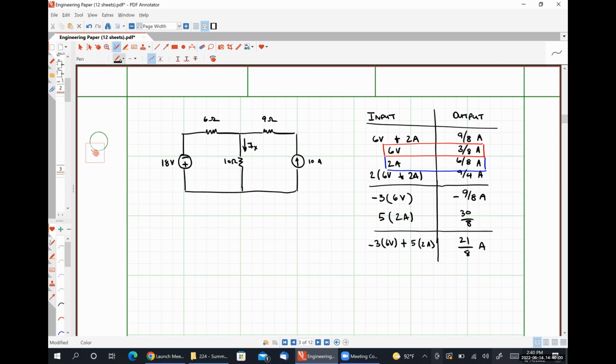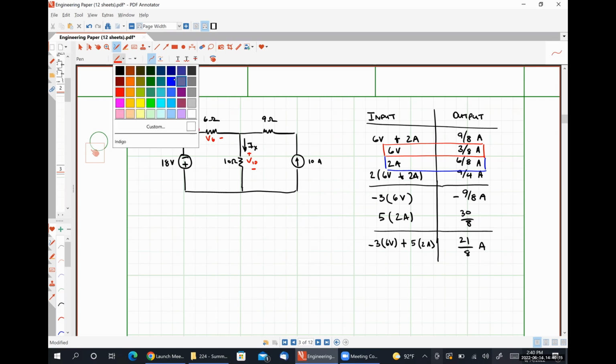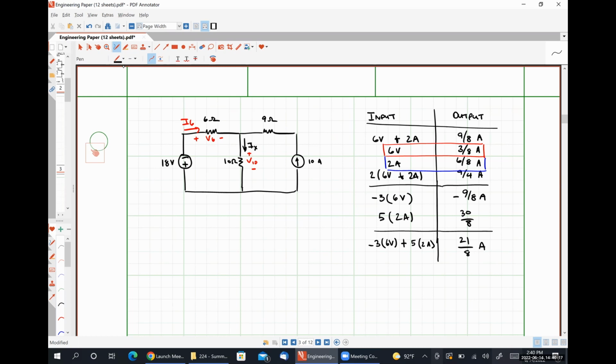And as before, I'm going to call this voltage V6, this voltage V10, and this current I6. When I apply KCL at this top middle node, I'm going to have I6 flowing in, IX flowing out, and minus 10 amps flowing in is equal to 0.